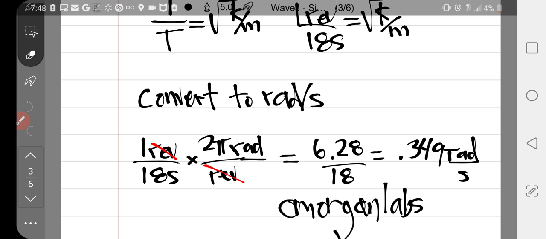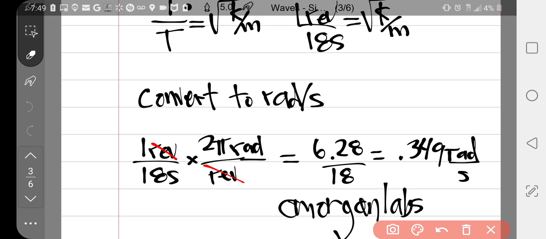Look at the units. Make sure the units are proper, right? Newtons, meters, kilograms, seconds, if you're talking metric. If you're talking English, it depends. Inches, and then you have the G sub C constant. Anyway, we'll go over that when we get to one with English units, foot, pounds, all that. 1 revolution per 18 seconds.